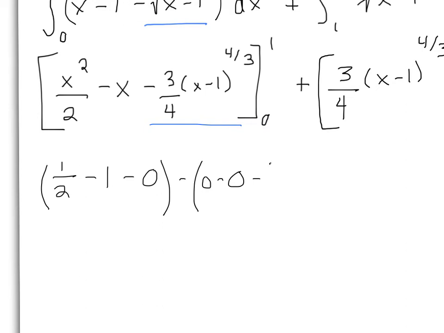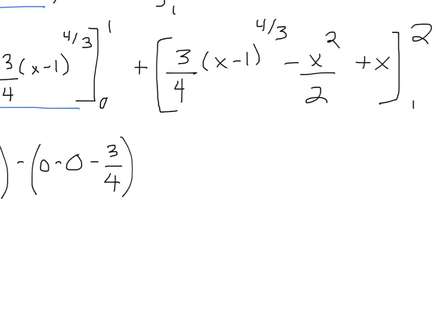So then that'll just be minus 3/4. Let me clean this up quickly. 1/2 minus 1 is -1/2, and then this will become a plus 3/4. So that's going to work out to a quarter. All that work for a lousy quarter.